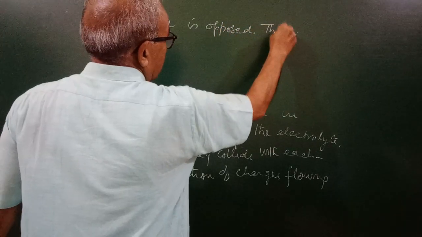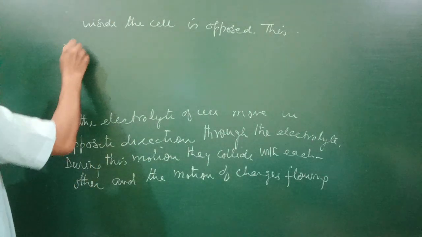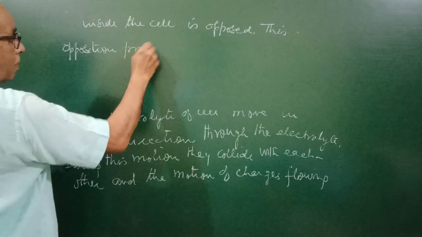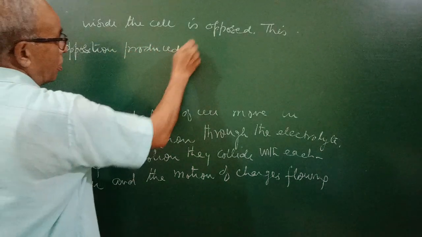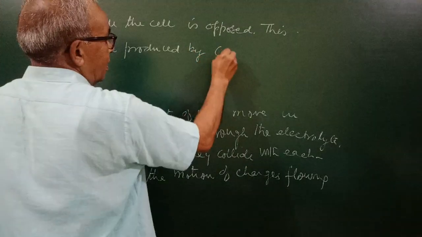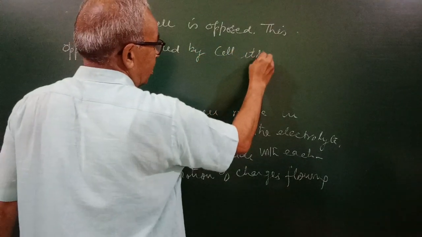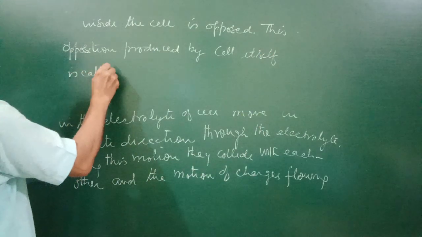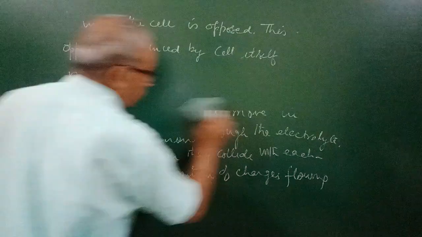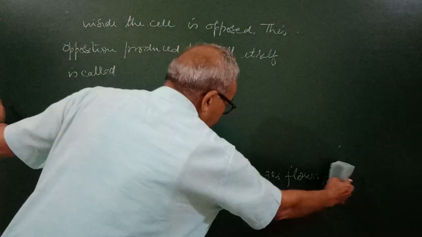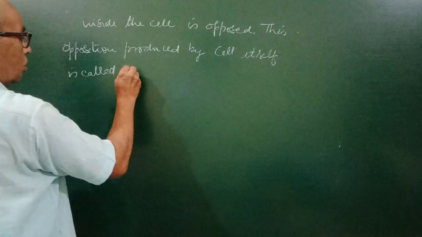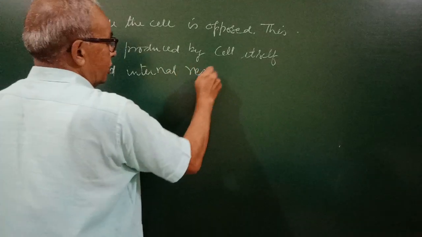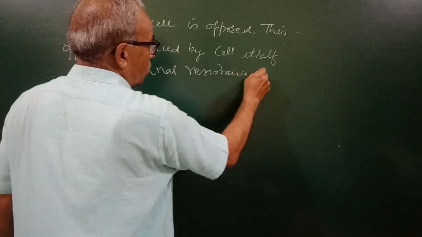This opposition produced by the cell itself is called internal resistance of the cell.